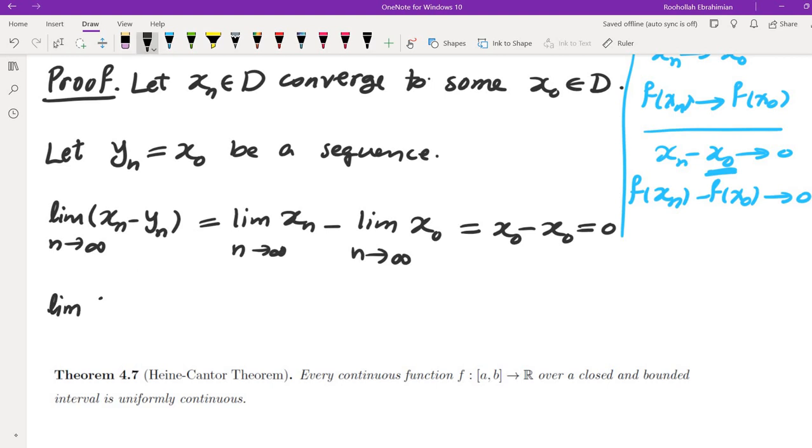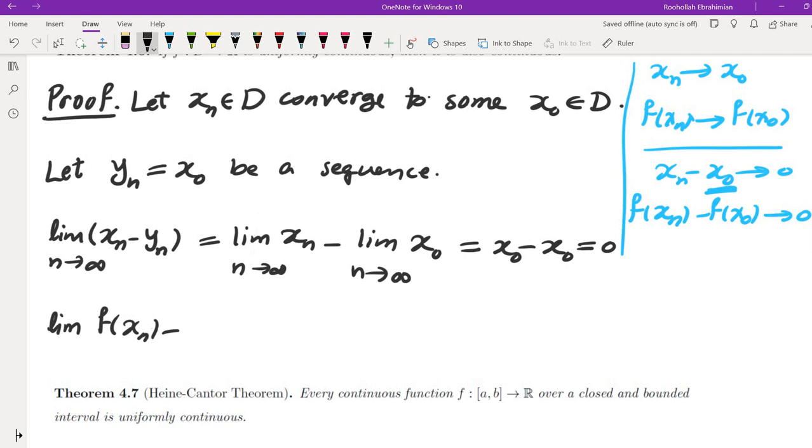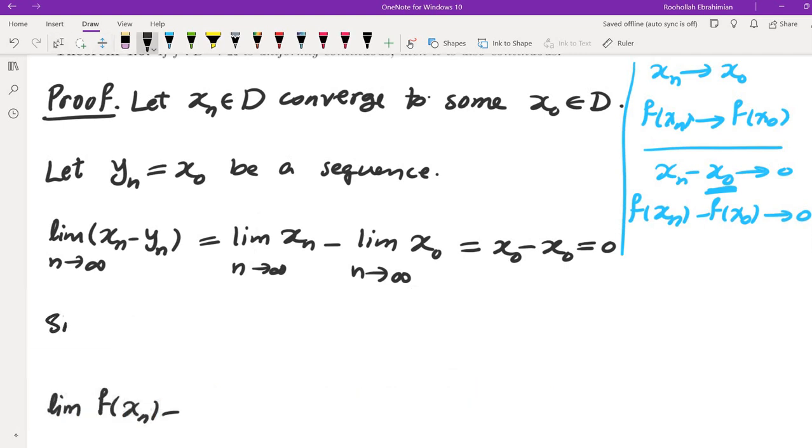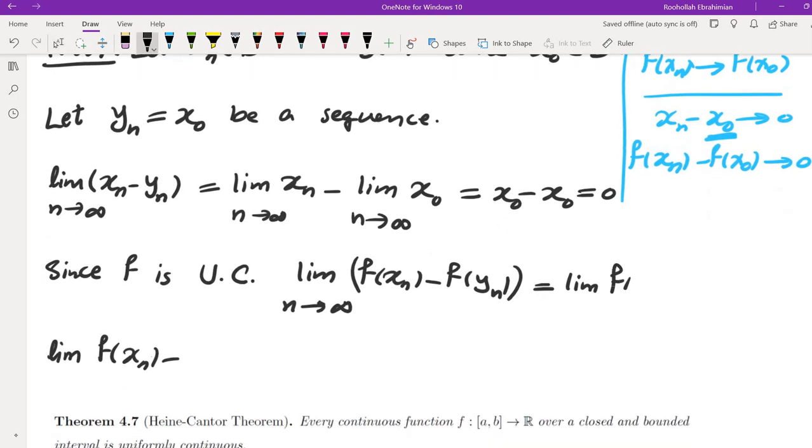If you look at limit of f of xn minus f of yn, since we know that f is uniformly continuous, as n approaches infinity, we get the limit of f of xn minus f of x0.